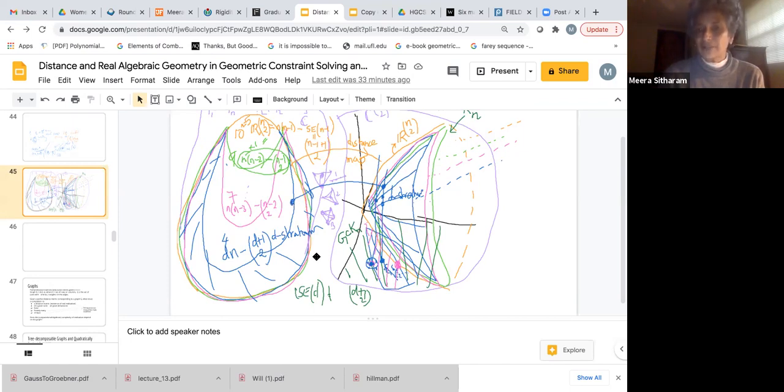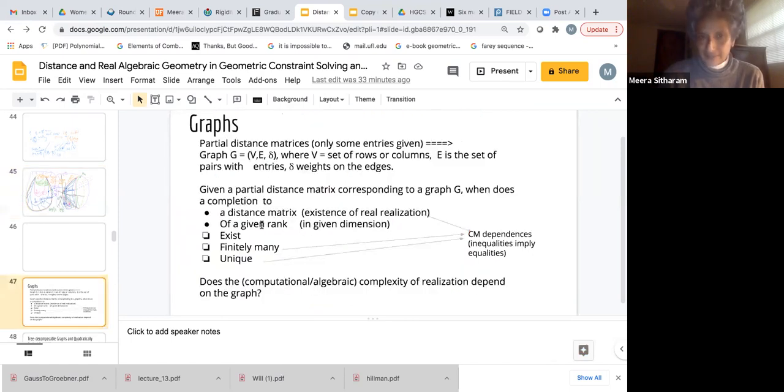So even without explicitly restricting the rank, if you simply say it's a distance matrix, there are situations where you could end up with finitely many solutions or a unique solution. Another way to interpret that is that the Cayley-Menger inequalities force an equality. The equalities then bound the rank, and the inequalities are just saying that it has a real realization. Okay.